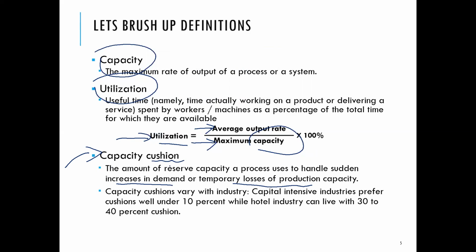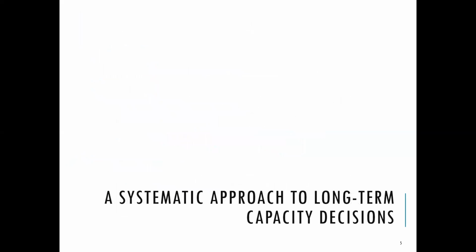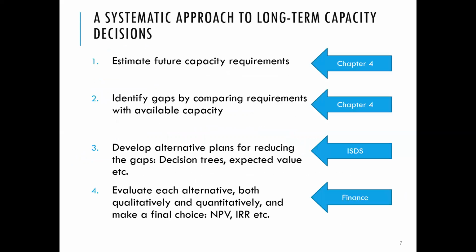Now, these are the three terms that we will need in this chapter. So moving on, we discussed these four steps. And I said that basically 1 and 2 we will go through in this course. 3 and 4 we will leave to your ISDS and your finance courses.